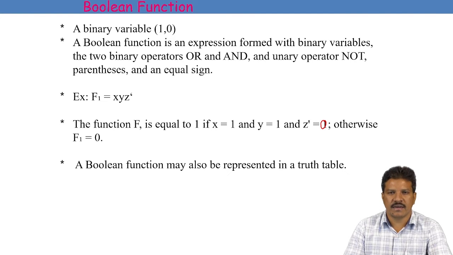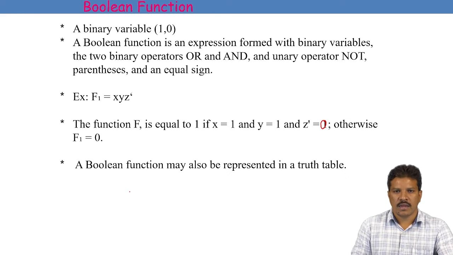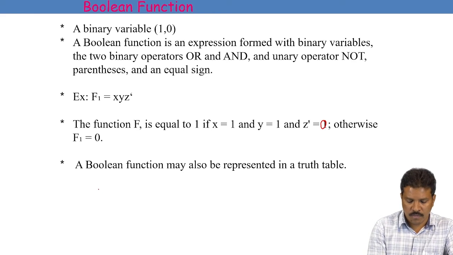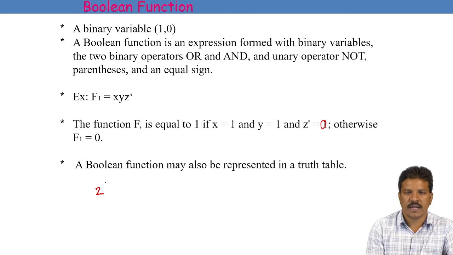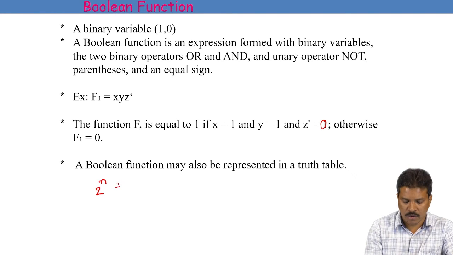To represent a Boolean function in the truth table, it has 2 power n combinations of logic 1 and 0, for n variables.